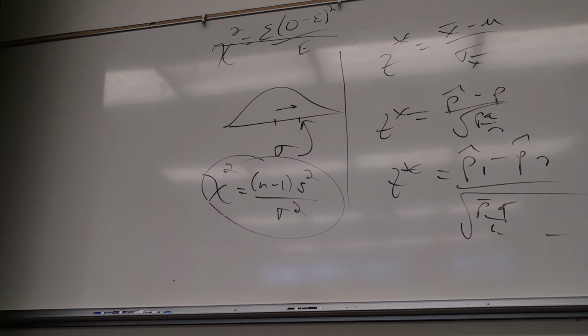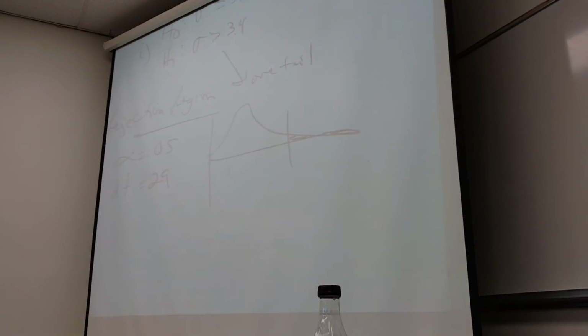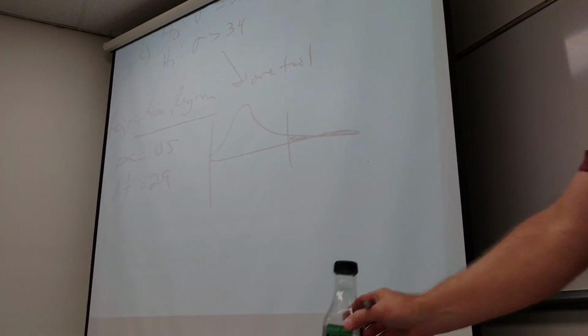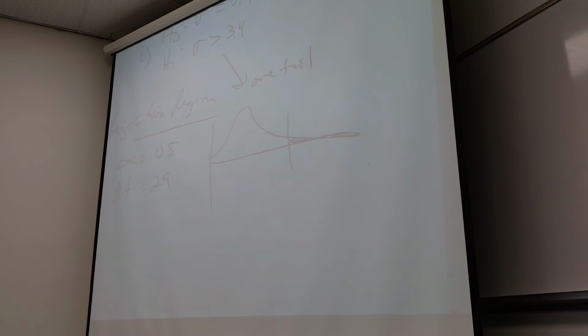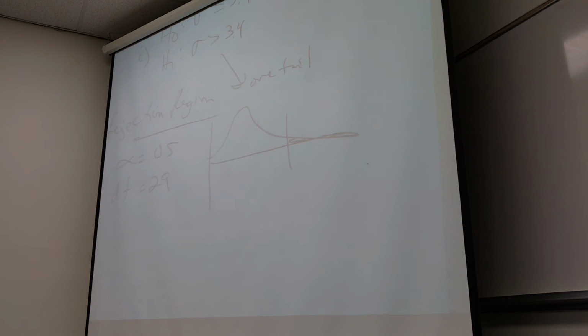So take a minute and see if you can find that critical chi-square score. One tail, so you don't have to split that alpha up, right? It all goes into that one tail. So has anybody found that yet?